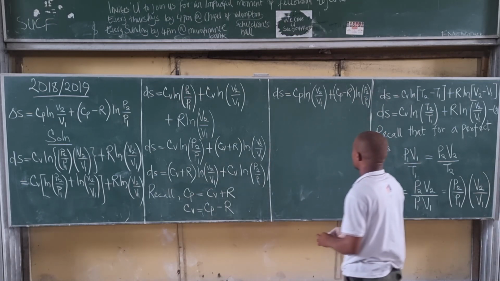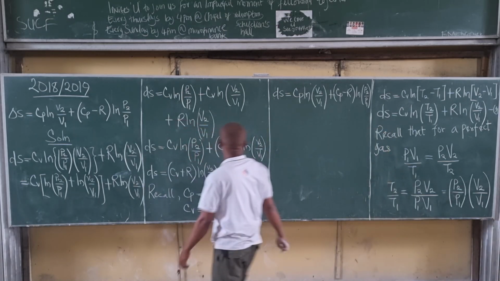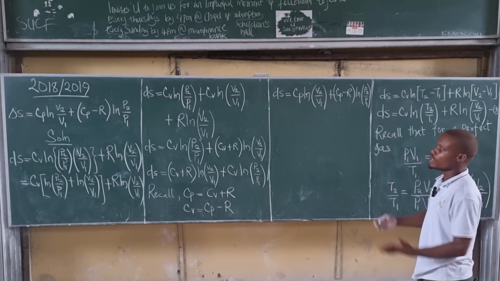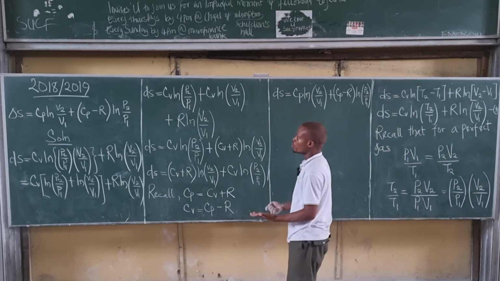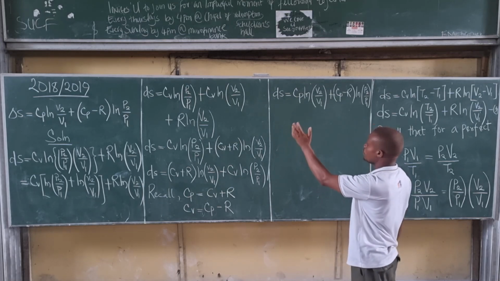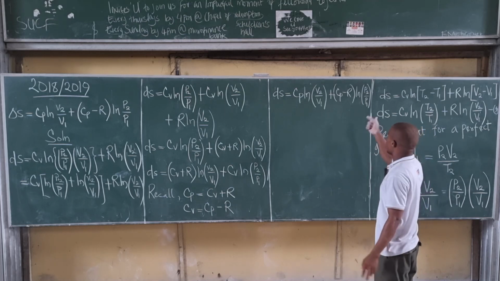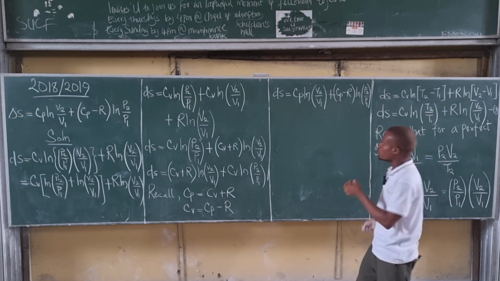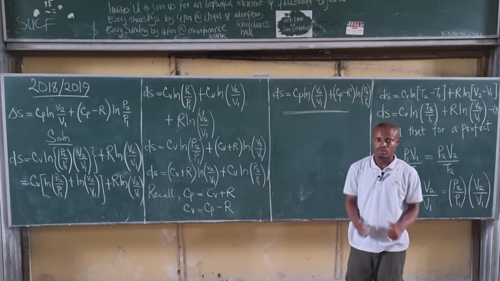So let's compare. Comparing this to what was given in our question, then it has been answered, since we have proven that the change in entropy, delta S, is equal to Cp ln V2 over V1 plus Cp minus R ln P2 over P1. So this has been proven.